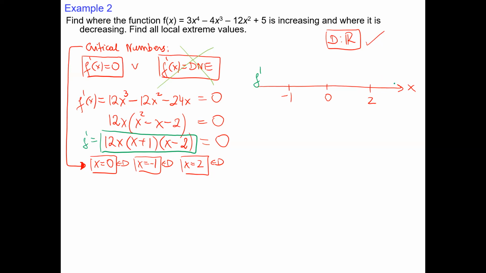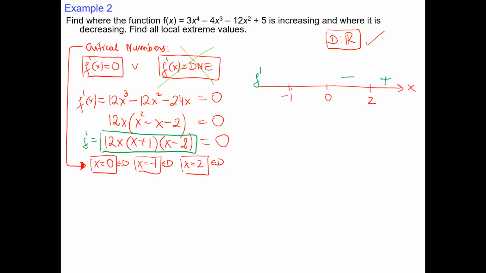I can pick any number from these subintervals and substitute into the derivative. If I substitute 3, a number greater than 2: 12 times 3, 3 plus 1 is positive, 3 minus 2 is positive. All factors are positive, so the total is positive. Now let's substitute 1: 12 times 1, 1 plus 1 positive, 1 minus 2 negative, so the total is negative.